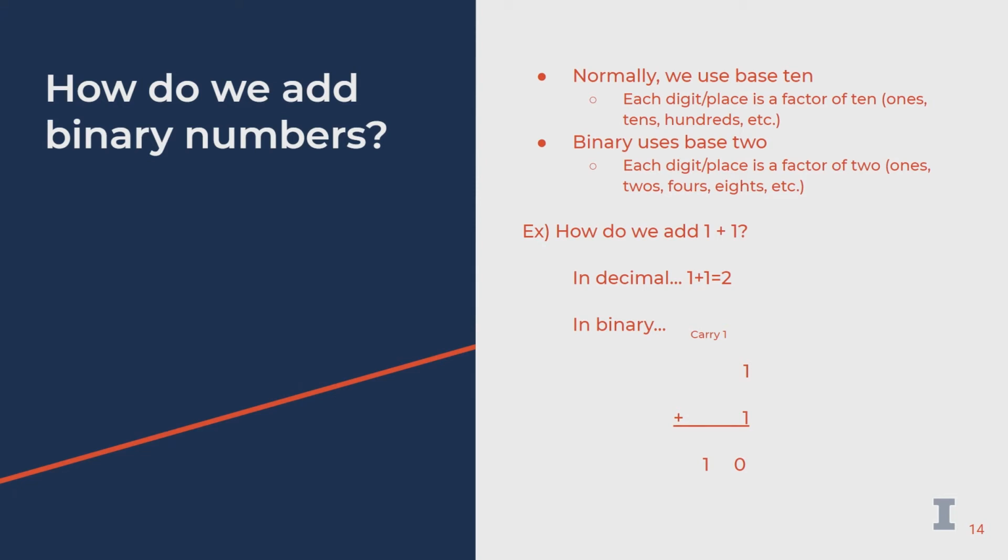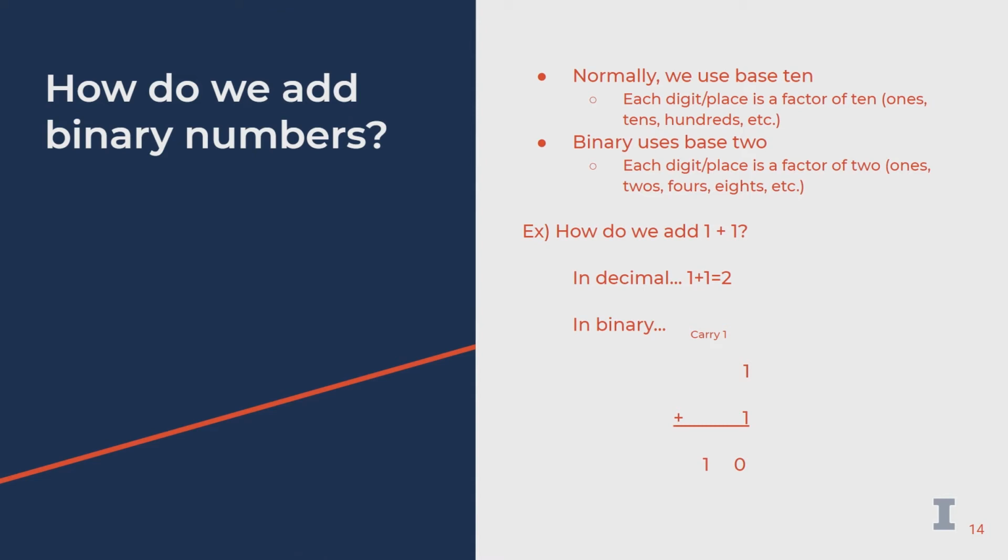When we're trying to add things in decimal, if we're adding 1 plus 1, we can just say 1 plus 1 is 2. We know that, right? But in binary, we don't have 2. So when we're doing 1 plus 1, it's technically 2, but we don't have that digit. It's kind of like when we do 9 plus 1: that digit is going to be a 0, and then we have a carry.